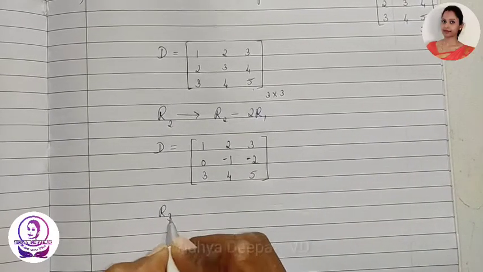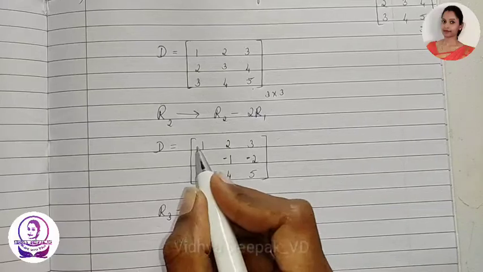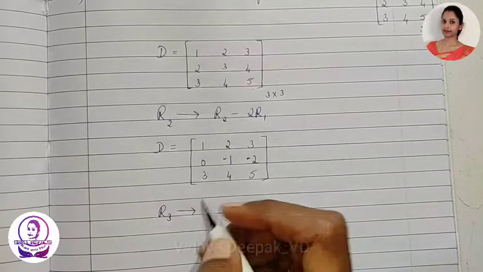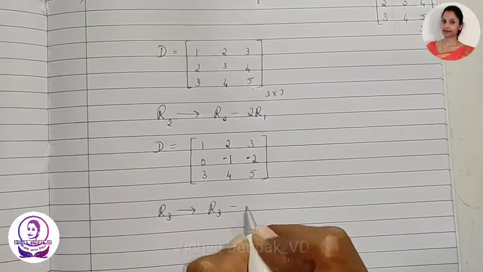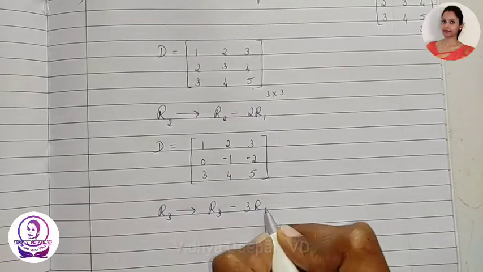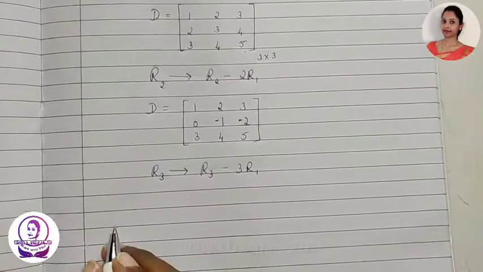So that is R3, in order to make this 0, we have to multiply this with 3. 3 minus 3 is 0, right? So R3 minus 3 R1. So what do we have?